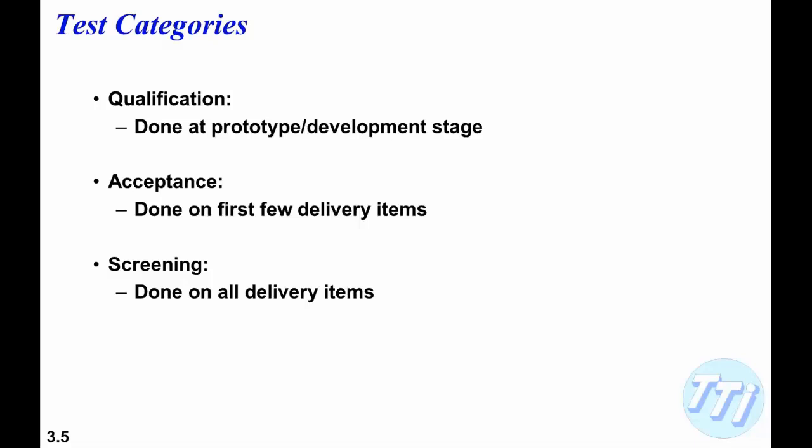So in the aerospace industry, we go through qualification testing that's done on the prototype in the development stage. Acceptance testing is done on the first few delivery items, and then if we're building a lot of the same thing, screening is done on all delivery items.